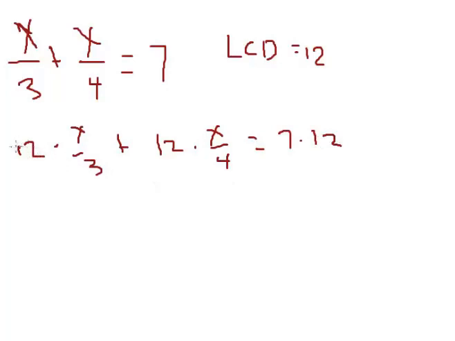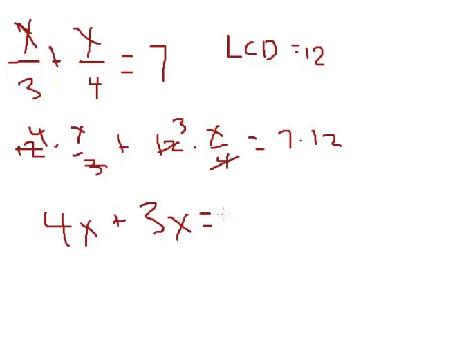First term, you can cancel the 12 and the 3. 12 divided by 3 is 4, and the 3 cancels out, so this becomes 4x. The second term is very similar. You cancel the 12 and the 4. 12 divided by 4 is 3, so this becomes 3x equals 7 times 12, which of course is 84.